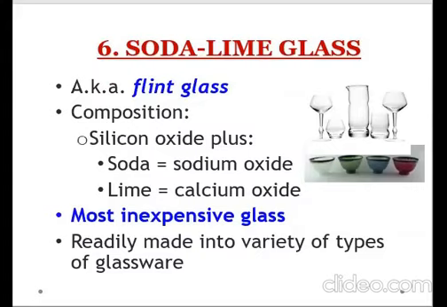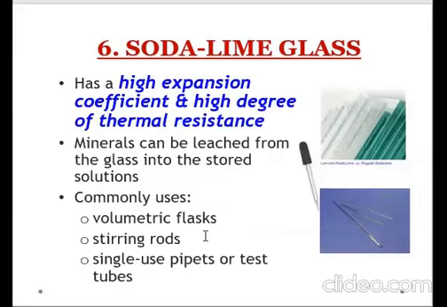So why do you think it can be readily made into a variety of types of glassware? The reason for that is because your soda lime glass has a high thermal expansion coefficient. In other words, it is easy to melt.